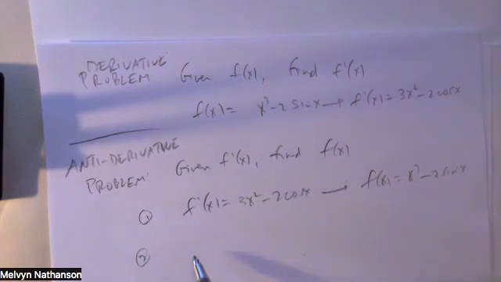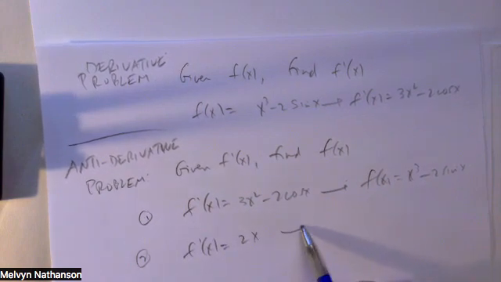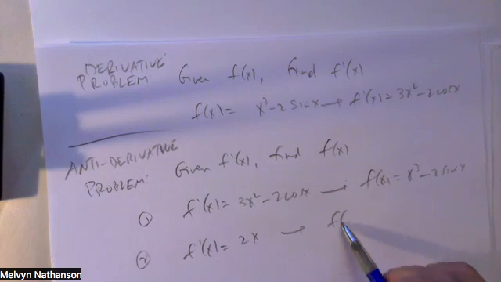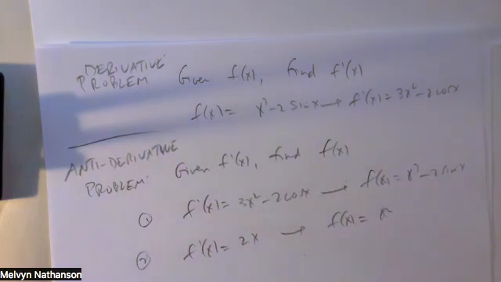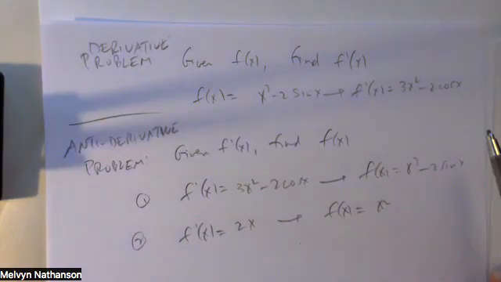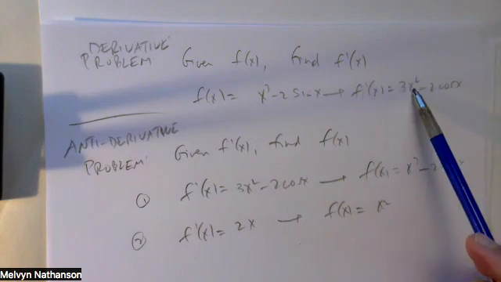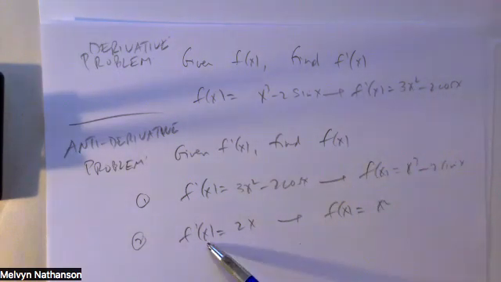Well, let's make it easier. Suppose f prime of x is 2x. What's an antiderivative? F of x equals x squared. Now, there's an ambiguity here, which is very important to emphasize. If I give you a function, there's only one derivative. But if I give you a derivative and I want you to find the function, there's more than one answer.